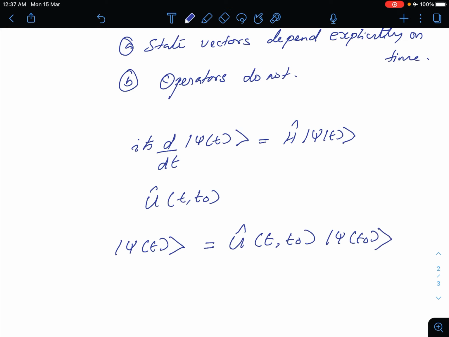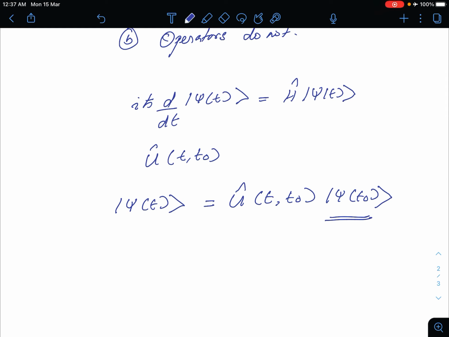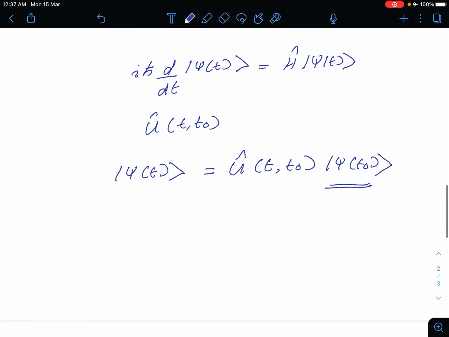This is the initial state vector; when the time evolution operator acts on psi of t0, our state comes to the state psi of t. So that is the time evolution.